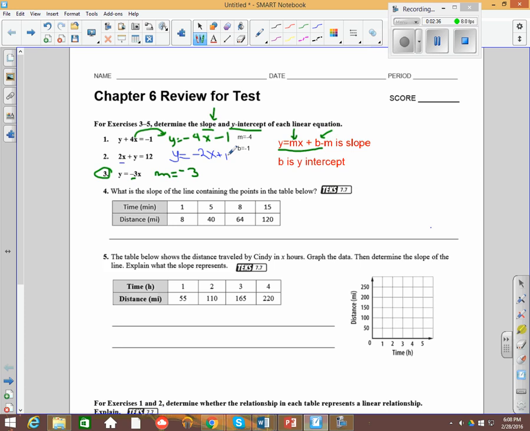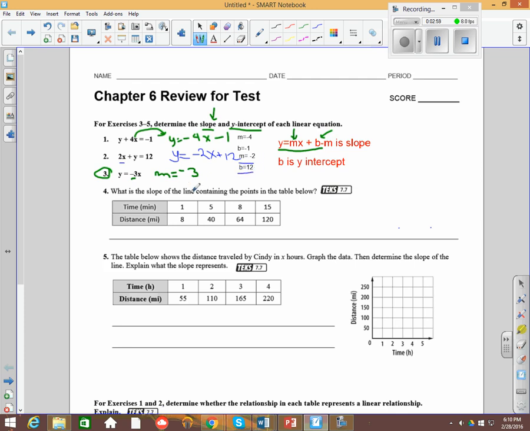So you know now when you moved it and you switch sides, it changes the signs of the number. So what is the slope? What is the y-intercept? Think about it. What is the m and what is the b? Okay, now you see the m is -2 here for number 2, and the b is 12.